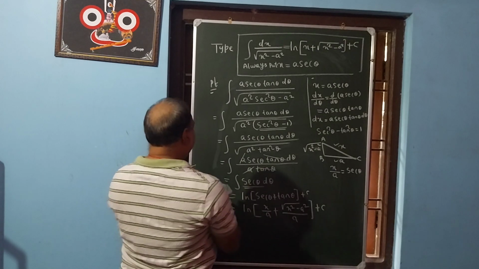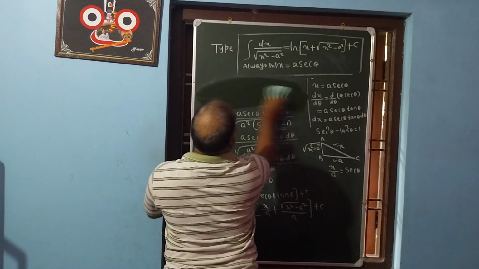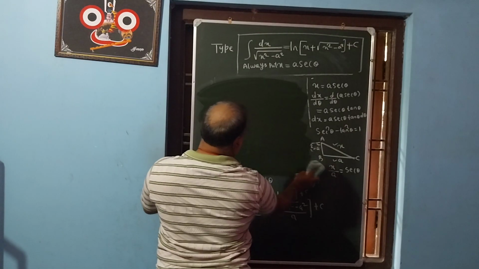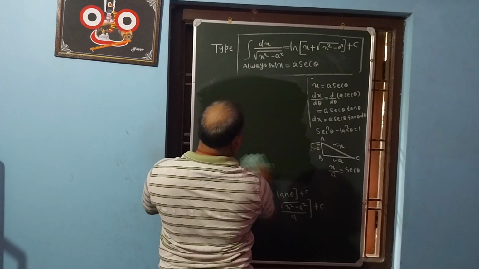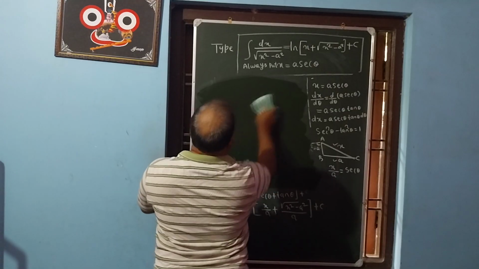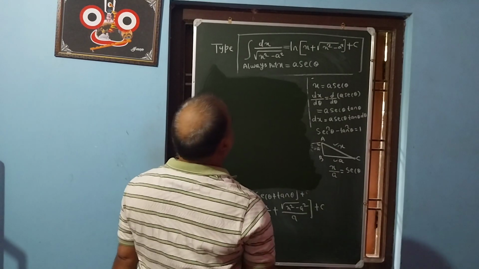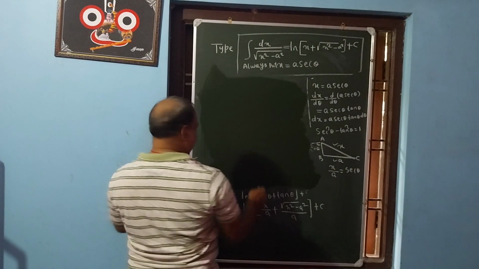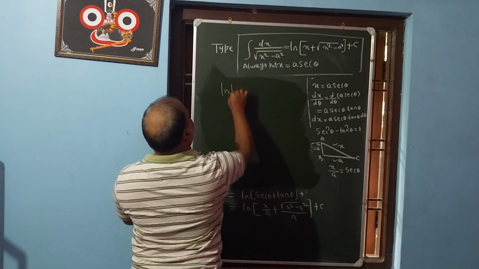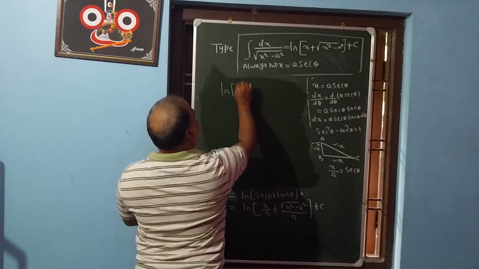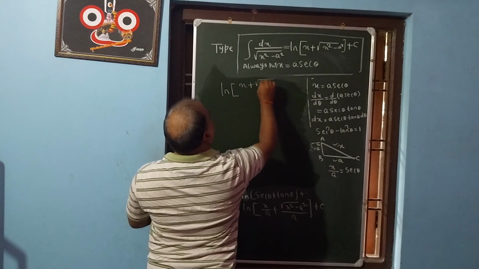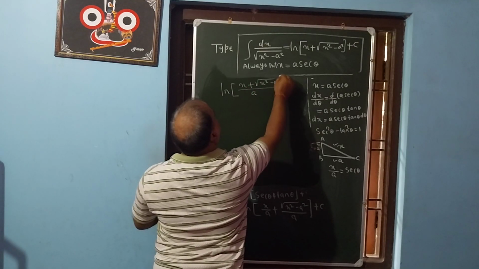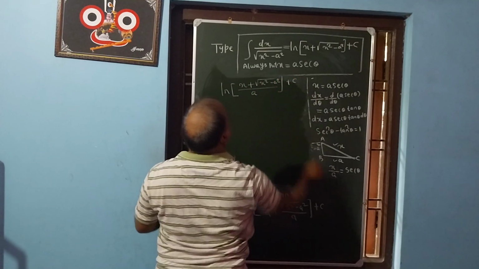We get ln of x plus root over x square minus a square, all divided by a, plus c.